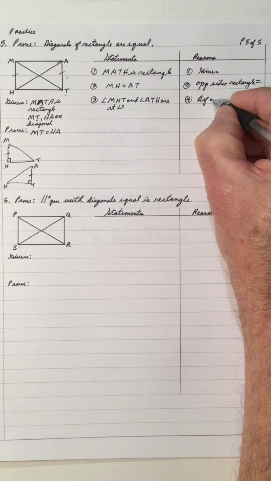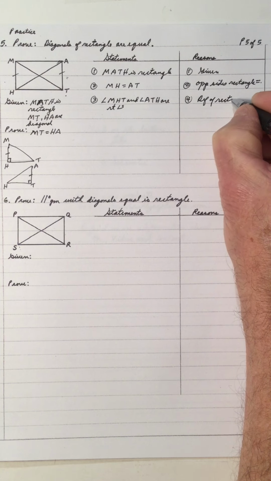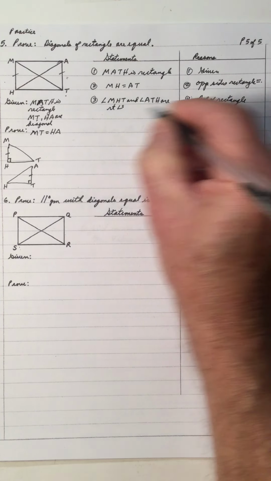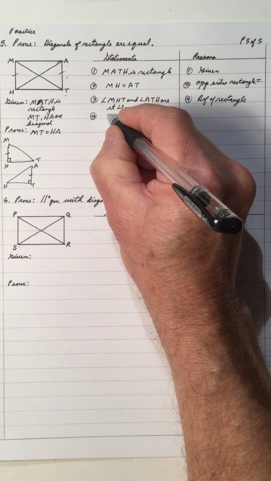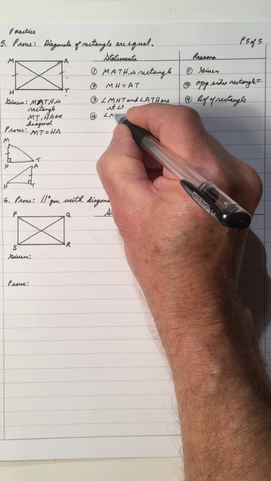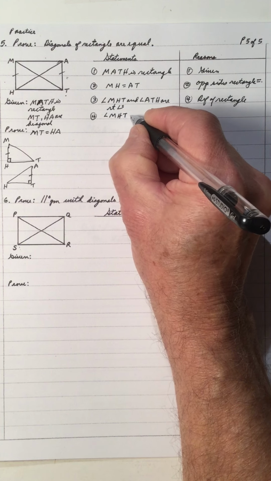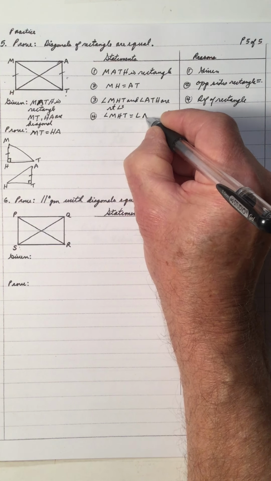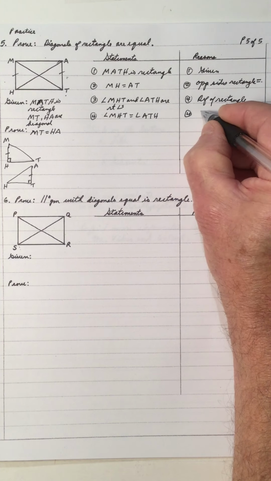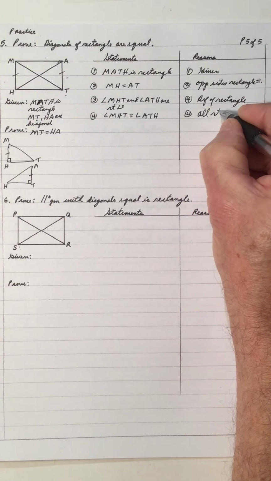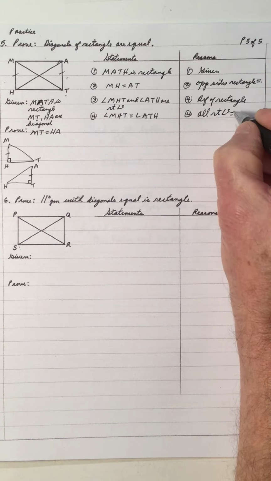That's the definition of a rectangle. A rectangle has 4 right angles. And as a result, we have that angle MHT is equal to angle ATH. All right angles are equal.